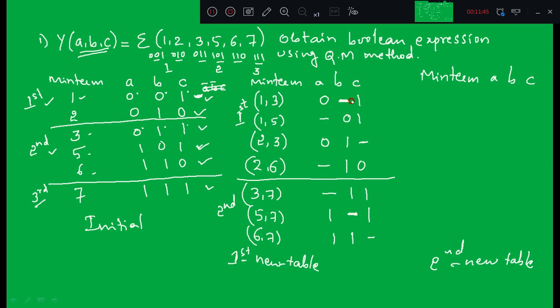There is a dash in the middle here and also here, and for the remaining two bits you check whether they differ by one bit. Yes, C is 1 here, C is 1 here, and A is 0 and A is 1, so A has a 1 bit difference.